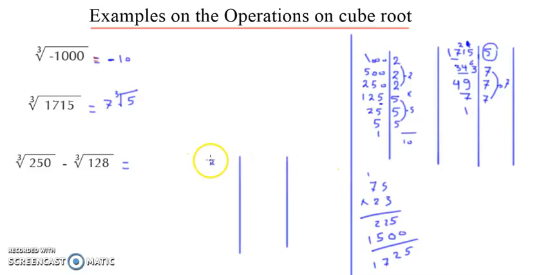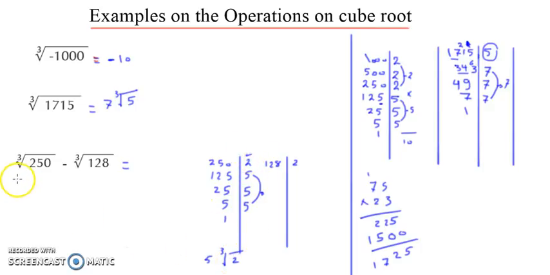So 250 divided by 2 is 125, as we take half of 250. Dividing by 5 is 25. 25 divided by 5 is 5. And from every three 5s we take only one 5. So here it will be 5 cube root of 2, as this 2 has no cube root.